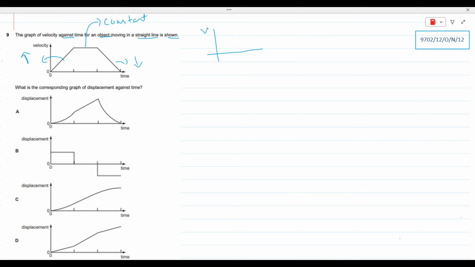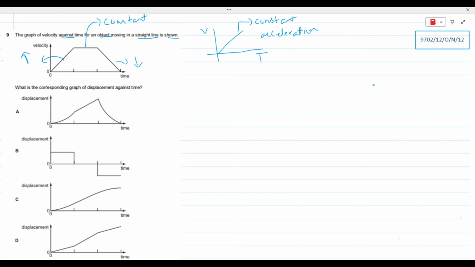But the gradient of velocity time graph is what? We all know that acceleration. So this line, if I make the same line, it means constant acceleration. If we talk in terms of gradient, it means constant or uniform acceleration, right?